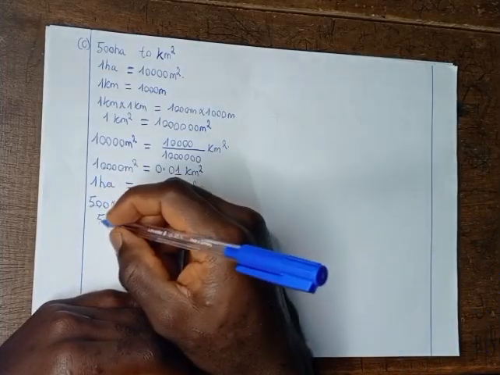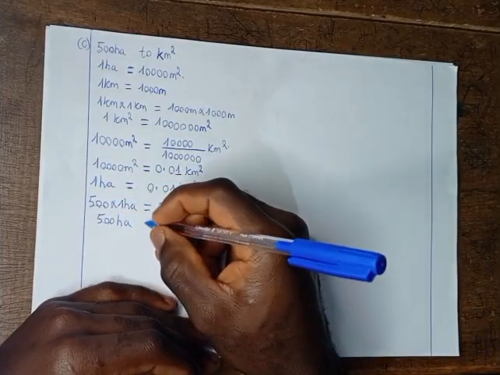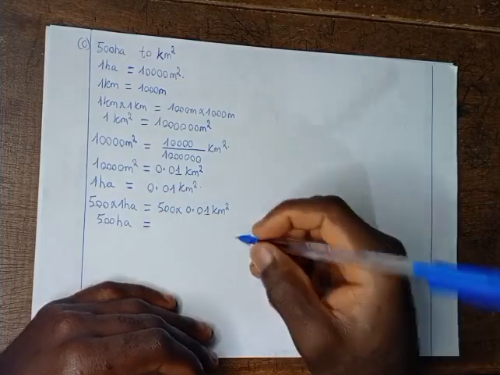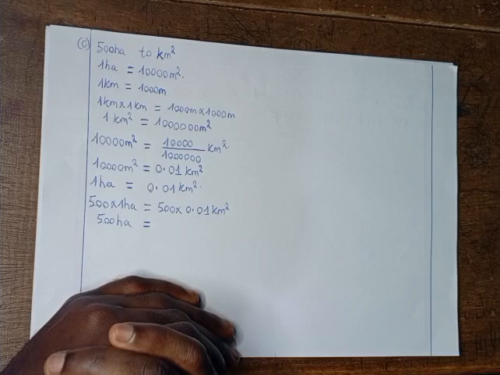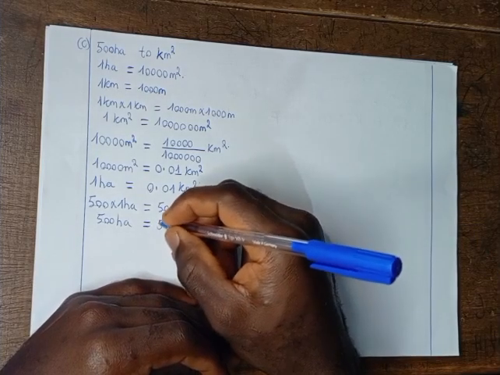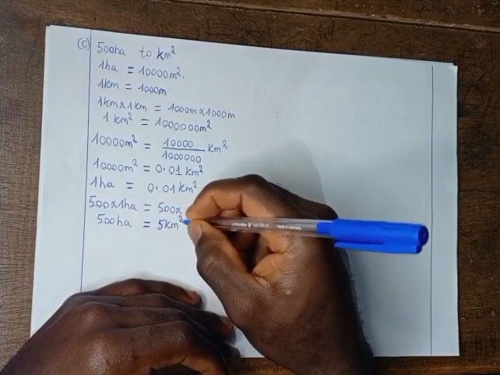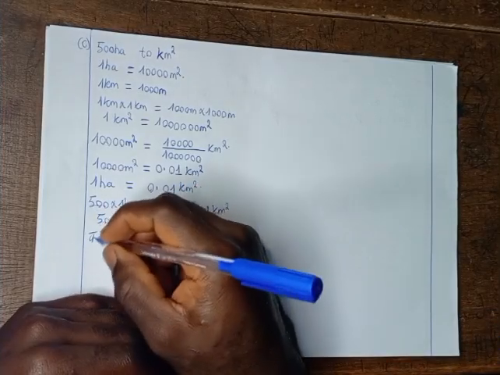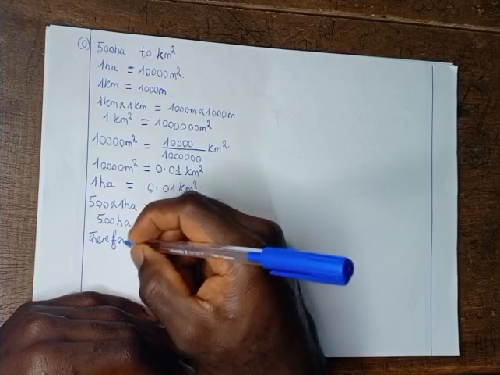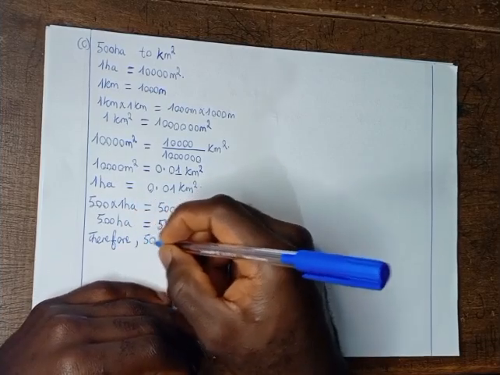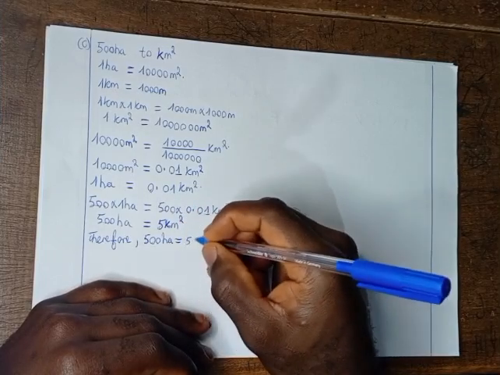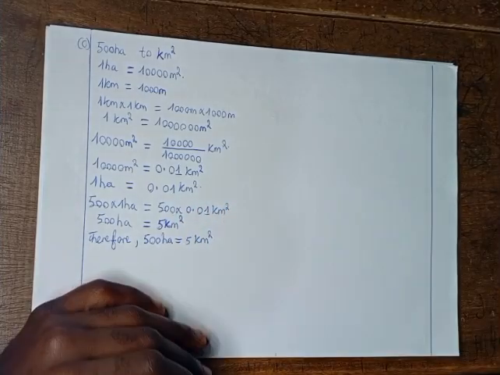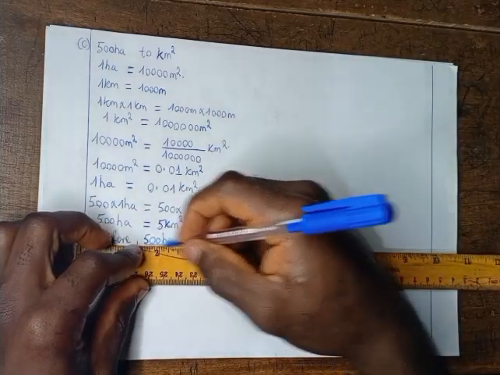This will give us 500 hectares to be equal to, if we multiply 500 by 0.01, we are simply going to obtain 5 kilometers squared. We conclude, therefore, 500 hectares is equal to 5 kilometers squared. We underline the result.